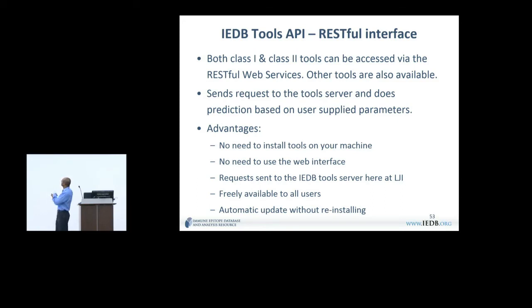The requests are sent to the tool server at our institute, and it's freely available to all users, everyone, industry and academia as well. And this is automatically updated. If you are using the standalone downloaded version, then you have to check for regular updates. But this one is automatically updated, so you don't have to worry about updating it or reinstalling.